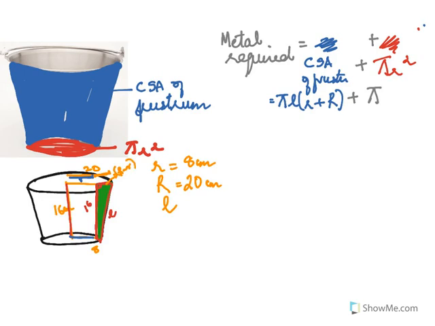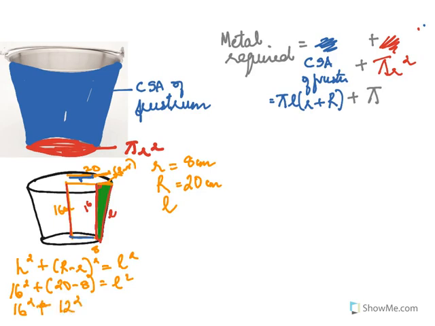So let's use Pythagoras. We have h square plus this part, remember, is (R minus r) square, equal to L square. You put the value 16, and R minus r is 20 minus 8, equal to L square. So 16 square plus 12 square equal to L square.